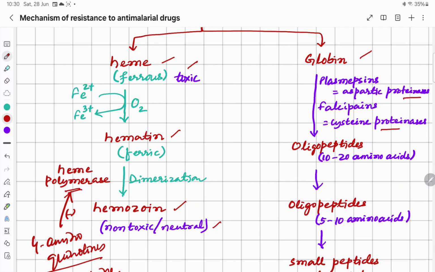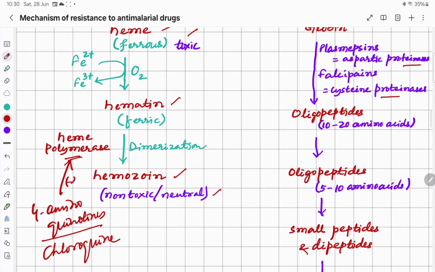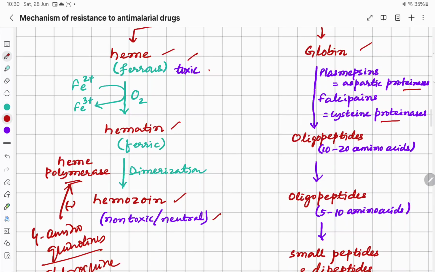So the heme polymerase is released by the malarial parasite, and drugs like 4-aminoquinolines, chloroquine, inhibit heme polymerase so that there will be accumulation of toxic heme and the malarial parasite dies.